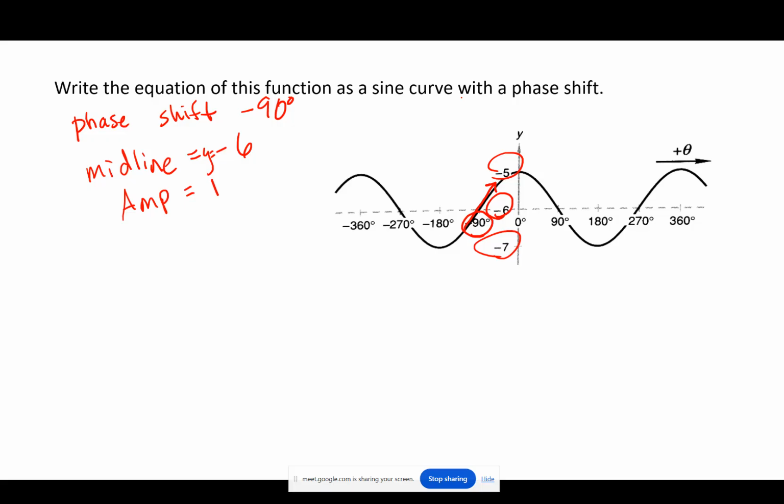From negative 6 to negative 7 is 1. So we have everything we need. We're going to write this as y equals negative 6, that's the midline, plus 1 times sine. We're not going to put the 1 because we don't need to. So it's going to be sine, but instead of theta, it's going to be theta plus 90 because we have scooted the graph over 90 degrees to the left.